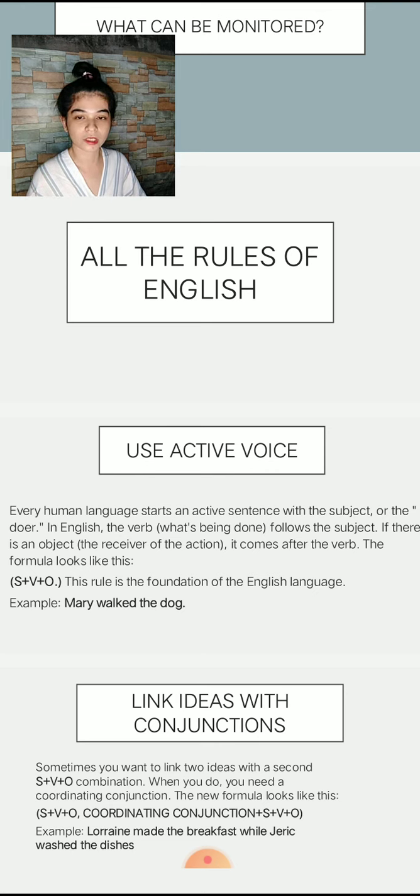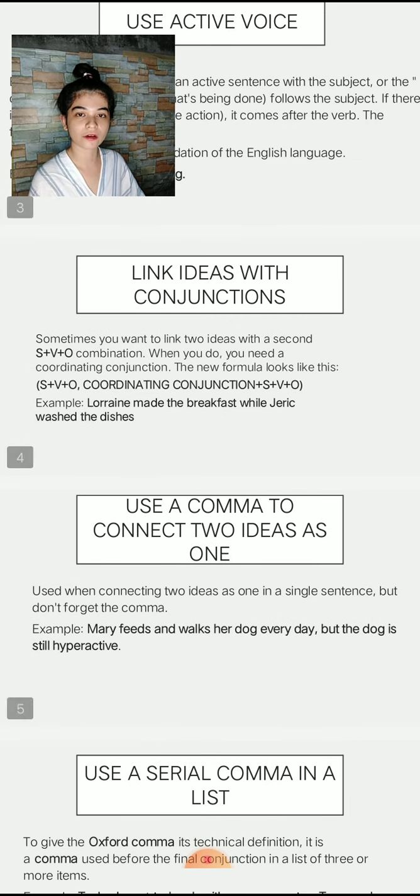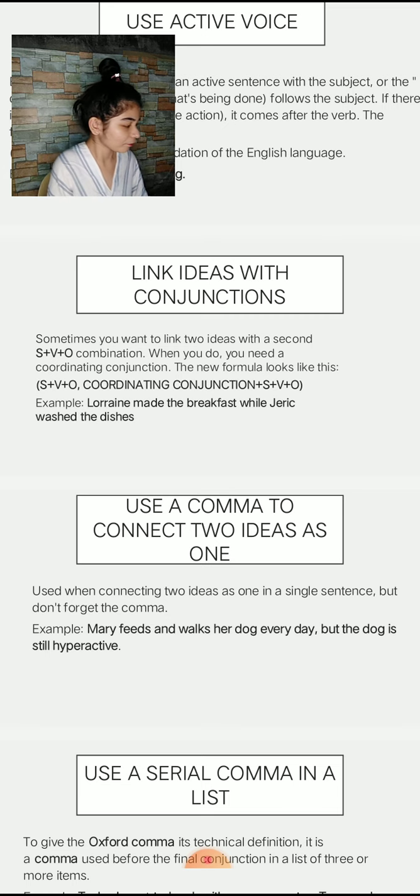Our subject here is Mary, and the verb is walked, followed by the receiver or the object, which is the dog. The second one is to link ideas with conjunctions.